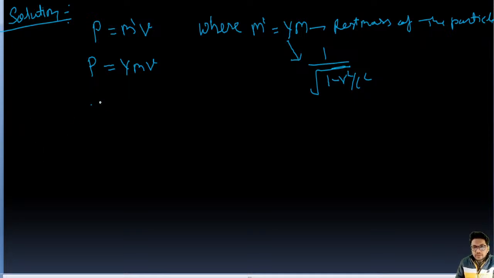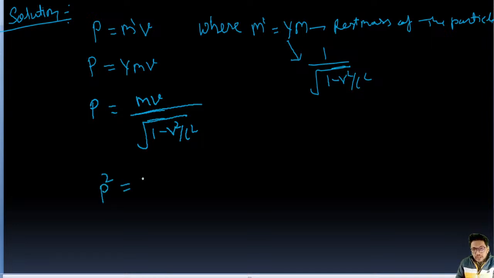It is going to be P equal to mv upon root 1 minus v square upon c square, since the value of gamma is 1 upon root 1 minus v square upon c square. We'll simplify it further by squaring both sides. It is p square equal to m square v square upon 1 minus v square upon c square.